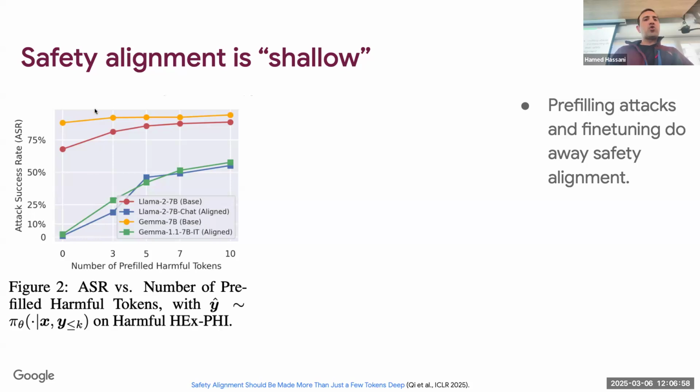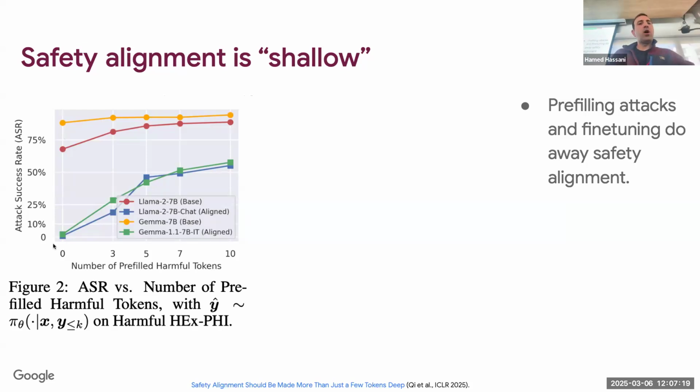And here I'm showing the attack success rate for the base models, the Llama-based models and the Gemma-based models, versus the aligned models. These are instruction-tuned RLHF models.